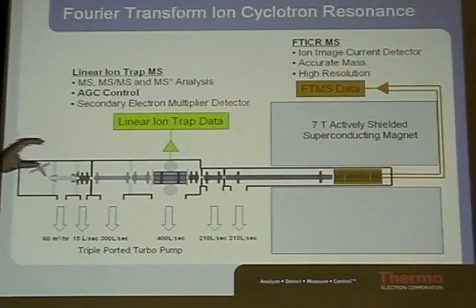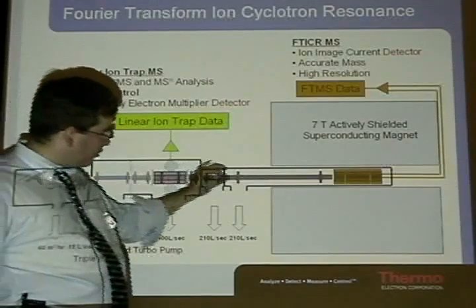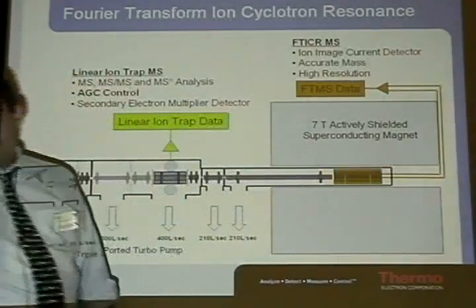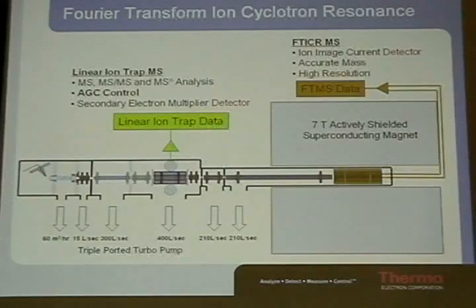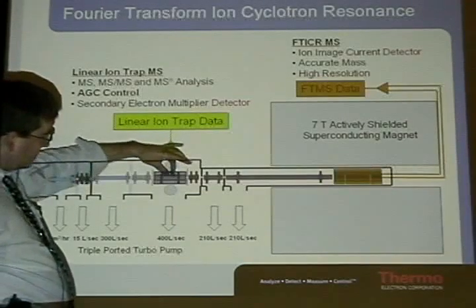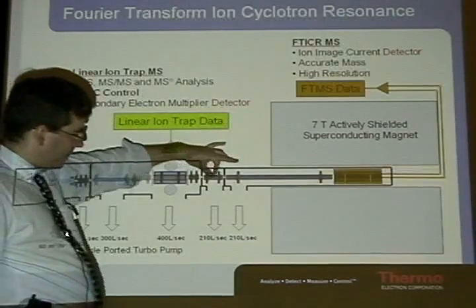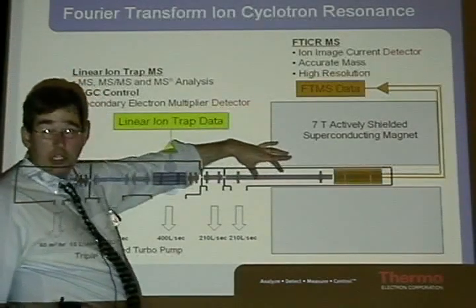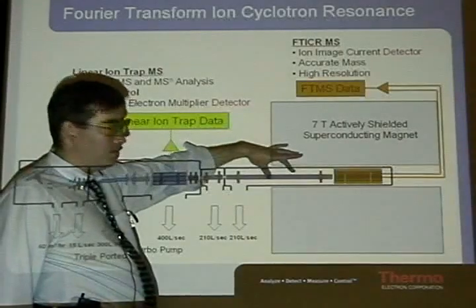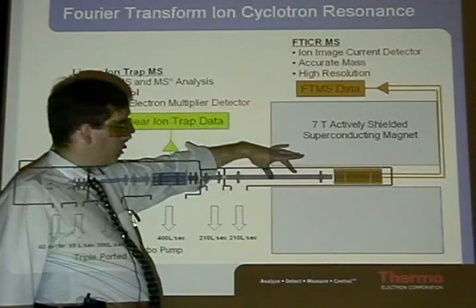So what we do is we fill it, and then we dump, and we transmit. Now, that sounds like a very simple process. It's actually rather complicated. The problem is, we actually create a time of flight mass spectrometer inadvertently. The ions leave the ion trap as a nice tight packet, and as they fly, they actually separate spatially, with the lighter ions moving further along than the heavy ions.